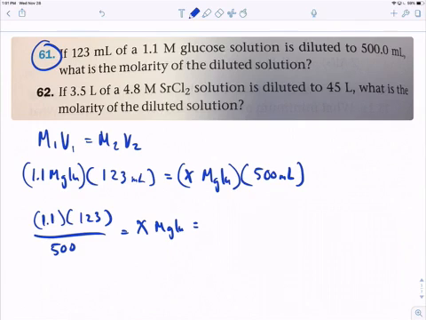Basic things. 0.271 molar glucose. Okay. So try it for 6 and 2.